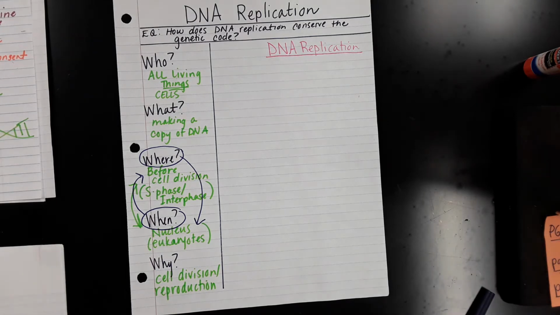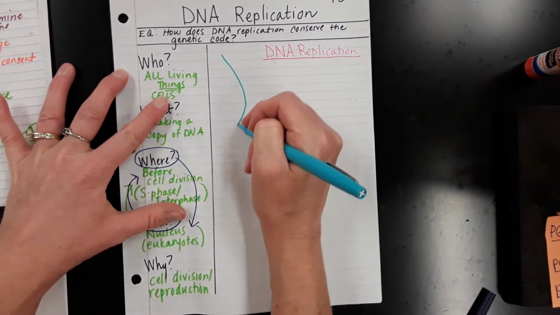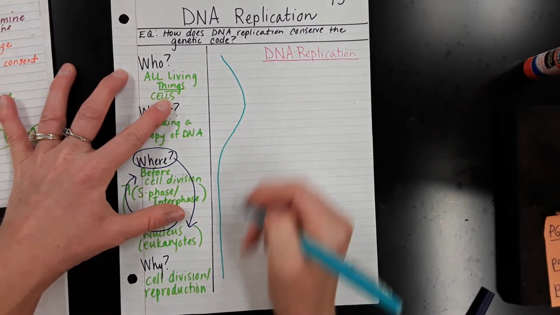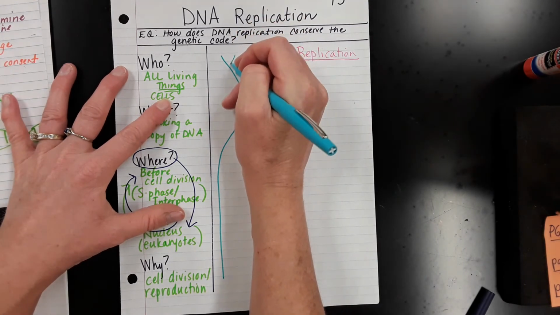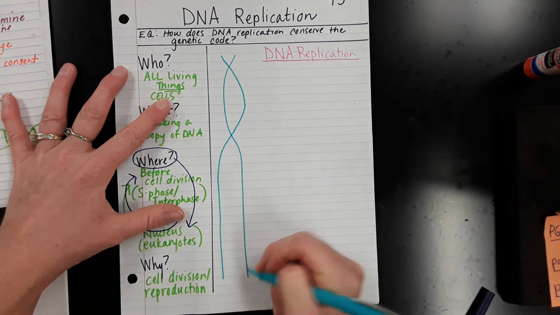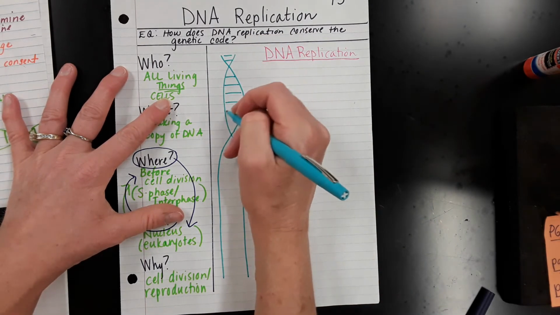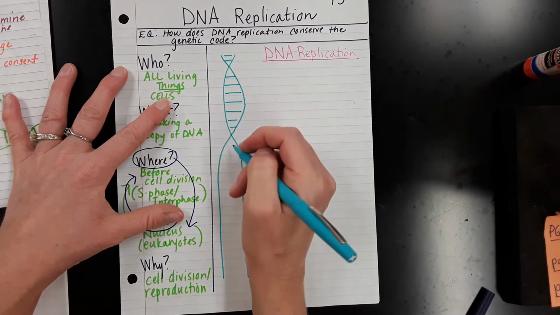The way that DNA replicates is the DNA molecule will actually unzip. So we have two sides of the DNA ladder. I'm just going to draw the DNA right here. Okay, so I'm going to start off with my DNA molecule. And here are the rungs of my ladder, those nitrogenous bases.